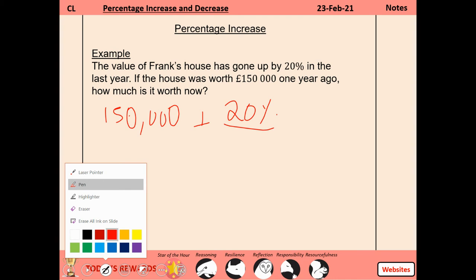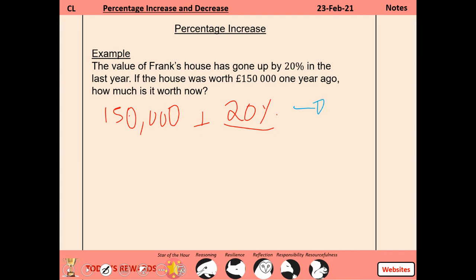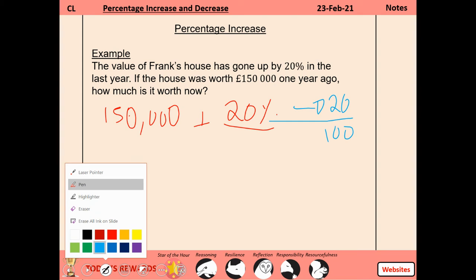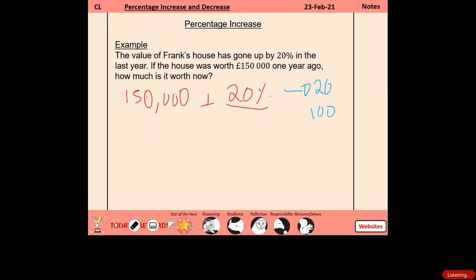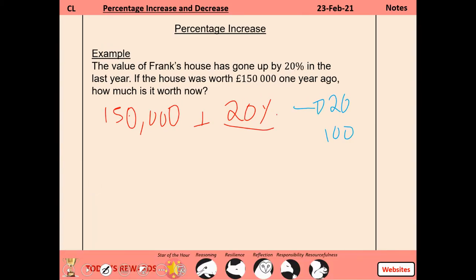Of course we can, because 20% means 20 out of 100, which also means 20 divided by 100. So cancel out a 0 and a 0, that's 2 over 10. 2 divided by 10 is just going to be 0.2.